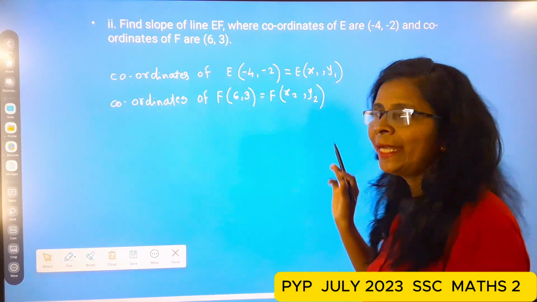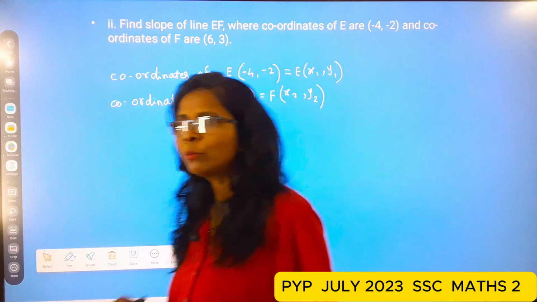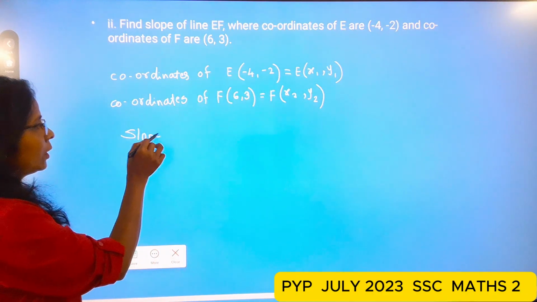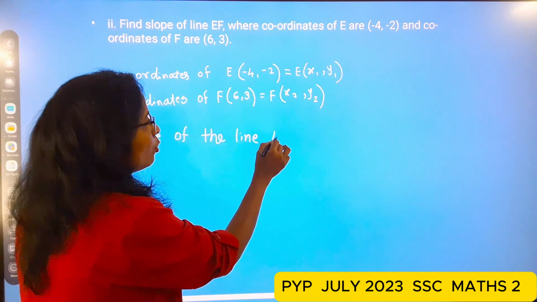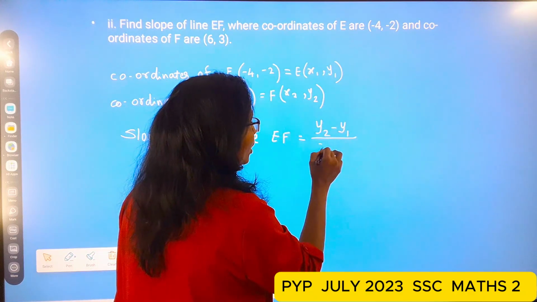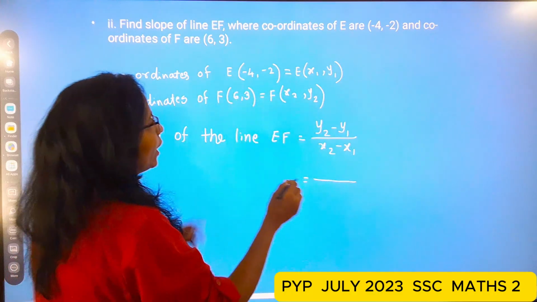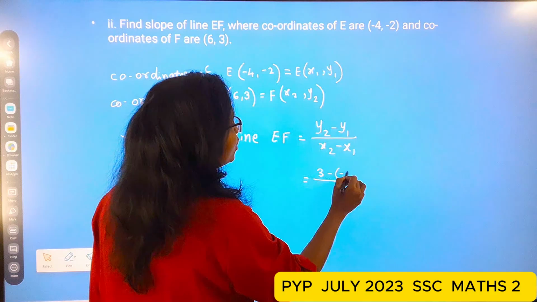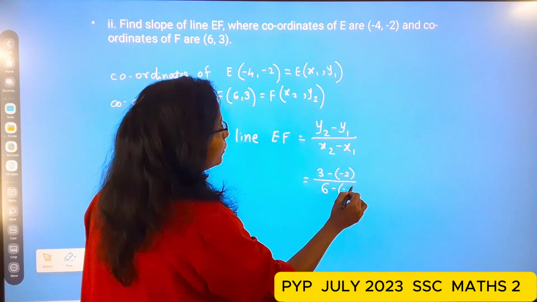So we have let the coordinates, and the formula is that the slope of the line EF is equal to y2 minus y1 upon x2 minus x1. Substituting, y2 minus y1 is 3 minus of minus 2, divided by x2 minus x1, that is 6 minus of minus 4.